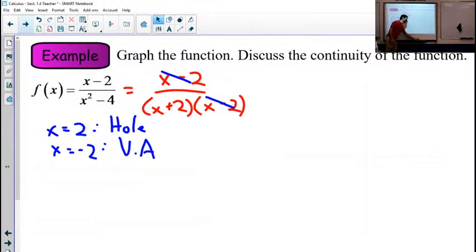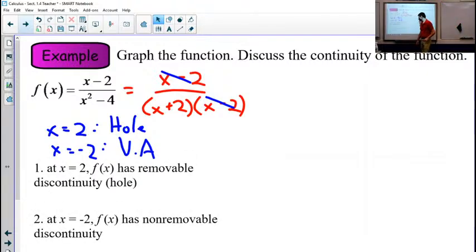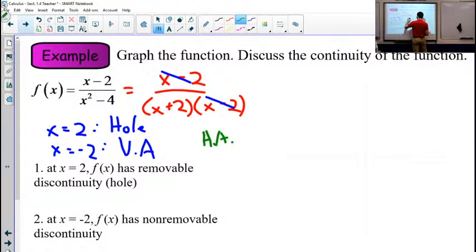And so if we have a hole at 2, that means 2 is removable or non-removable? It's removable. Removable would be our hole in the graph. Our vertical asymptote would be a non-removable discontinuity. Horizontal asymptote at y equals 0.